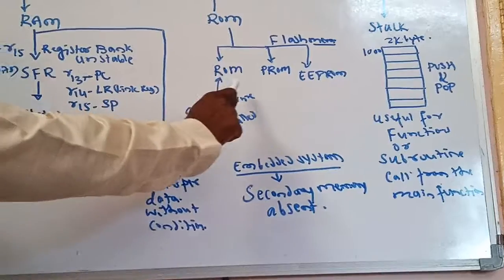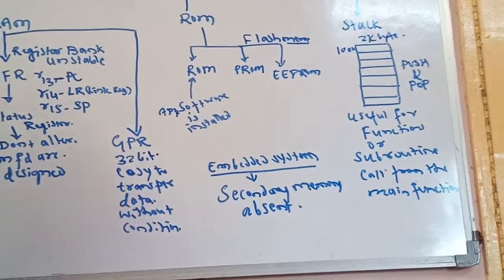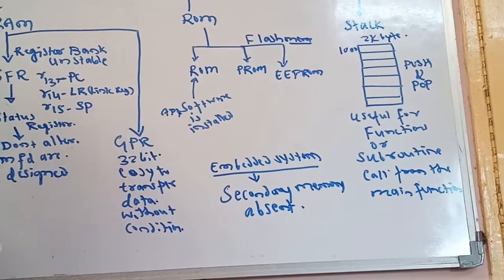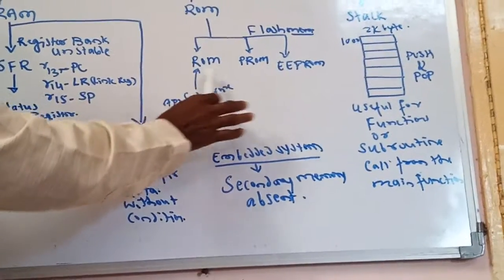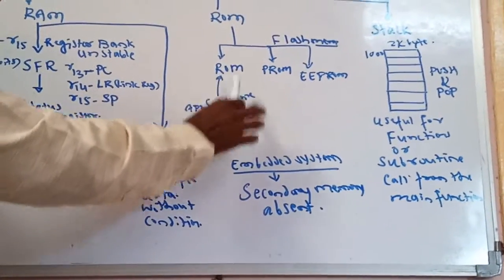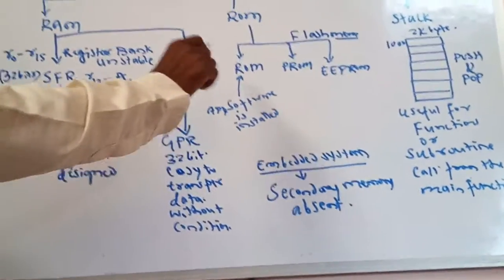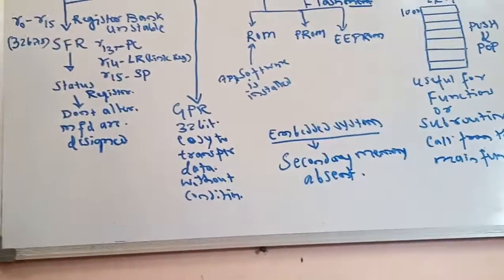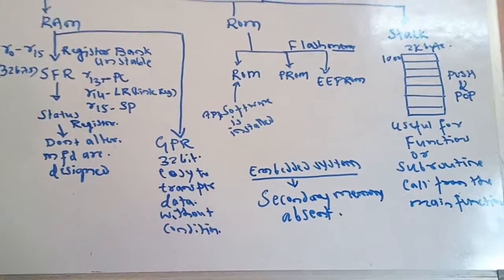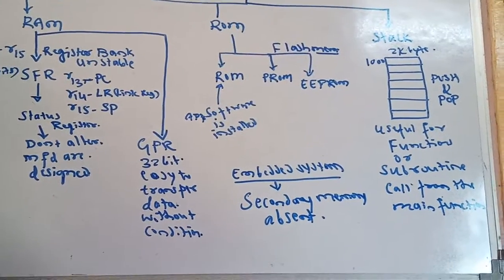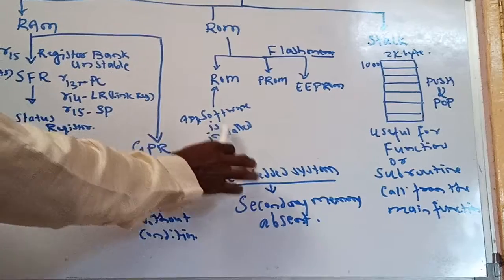The designers and manufacturers design and develop all the programs, formalities and conditions at the time of manufacturing only. Once they are designed, the user cannot alter or modify them. This is known as ROM memory in embedded systems. You can utilize this ROM and design separately, but you cannot alter it. This is the condition.